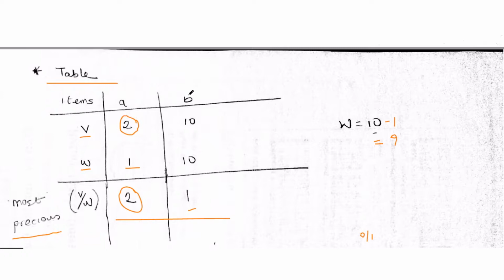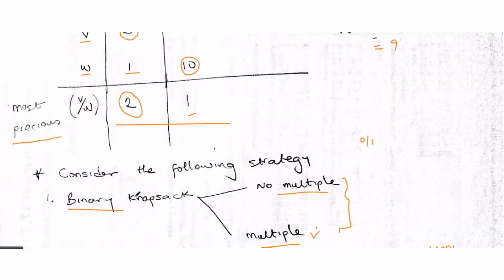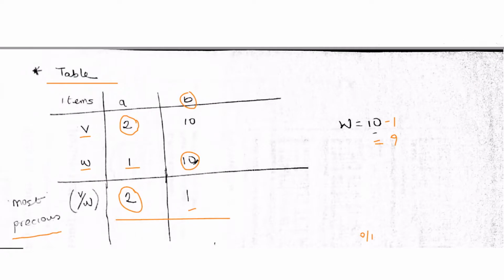So the next is for you to go to item B. Now, for you to take item B, your weight must be equal to 10, because the weight of item B is 10. And remember that we are considering binary, which means that we cannot break this item into fractions.